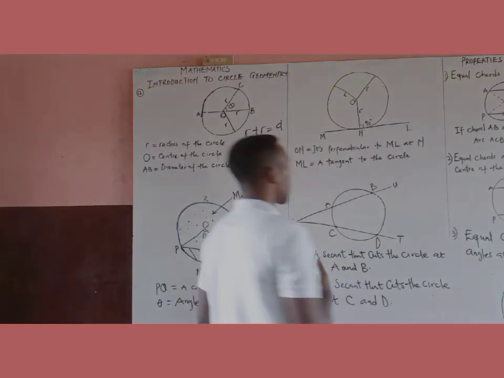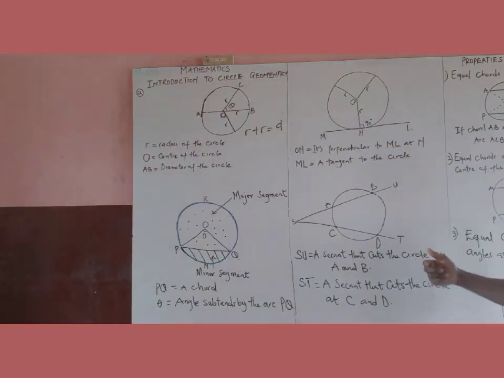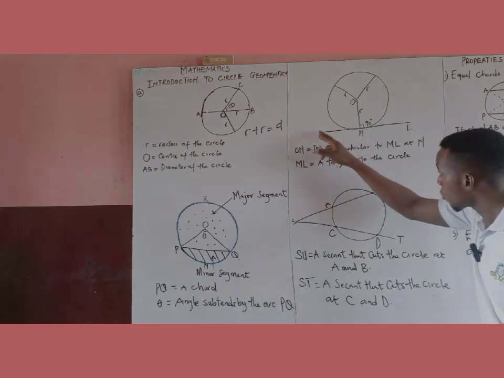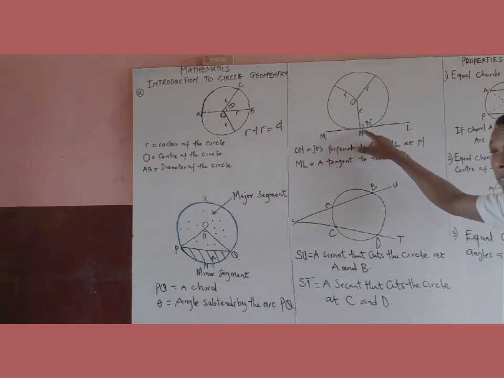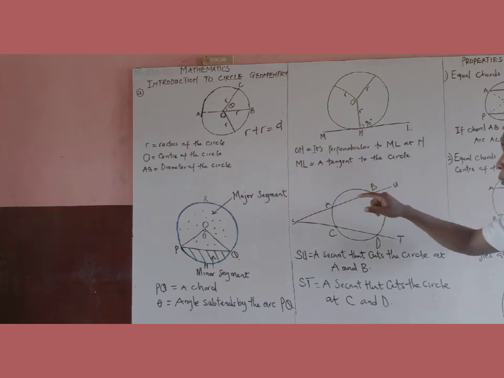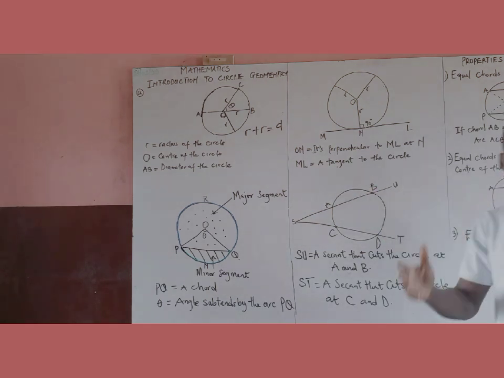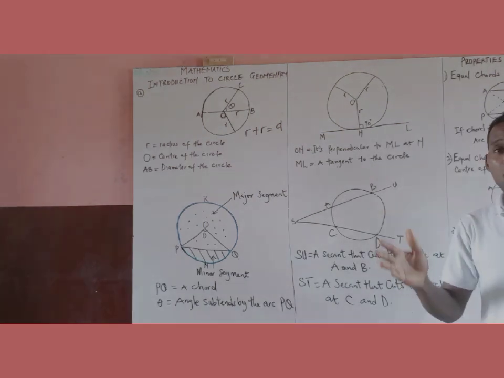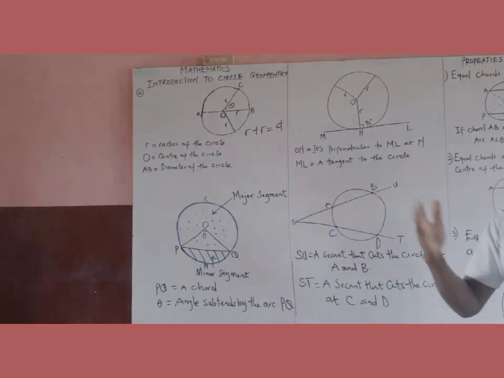Now let's move on. This is a circle. Now this straight line that meets the circle at the circumference is what we call a tangent to the circle. So a tangent to the circle is simply a straight line that meets the circle at the circumference.